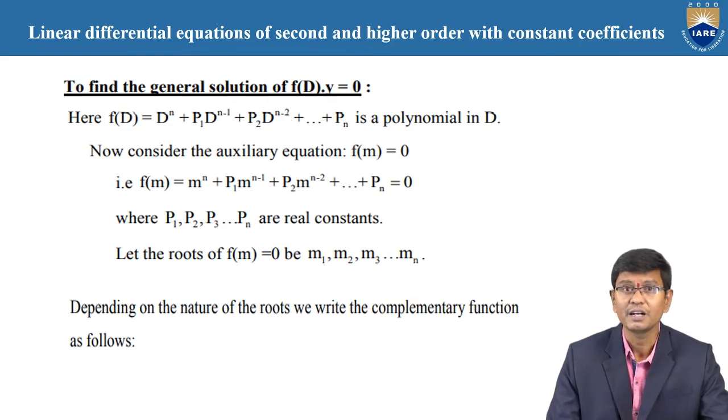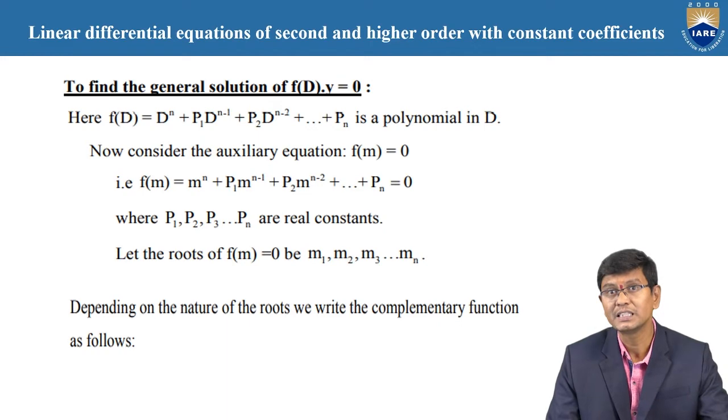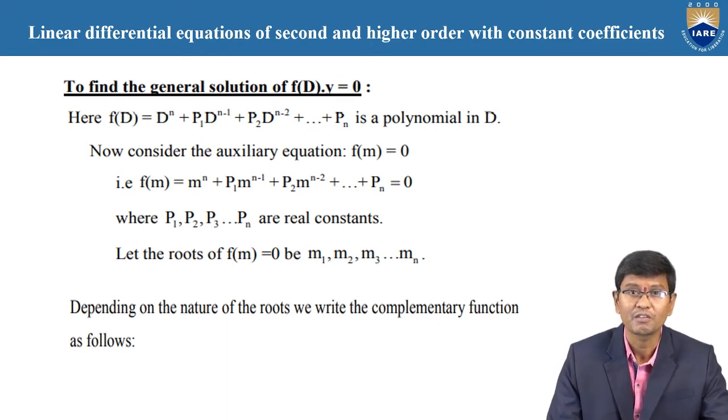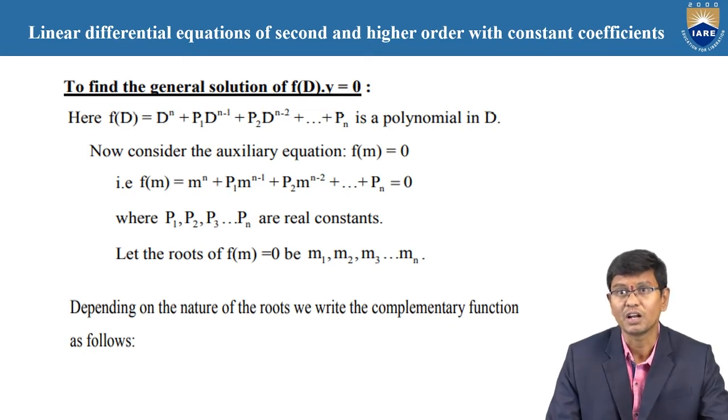Now we need to write the auxiliary equation. The auxiliary equation is obtained by replacing D with m, that is, f(D) y becomes f(m). Therefore f(m) = m^n + p1 m^(n-1) + p2 m^(n-2) + and so on + pn = 0, where p1, p2, p3 up to pn are real constants.